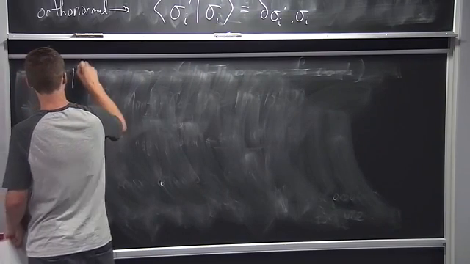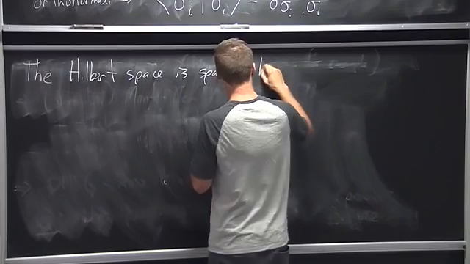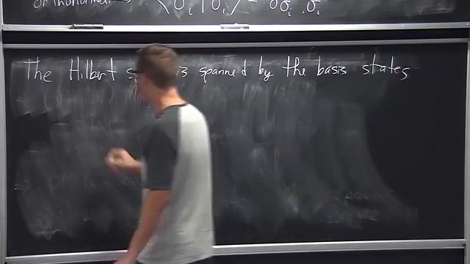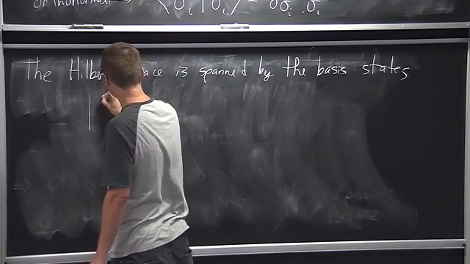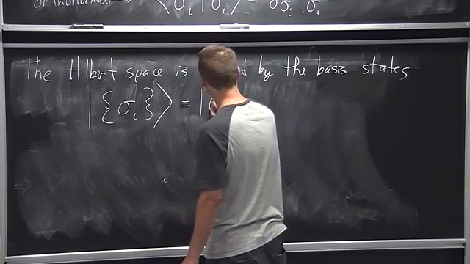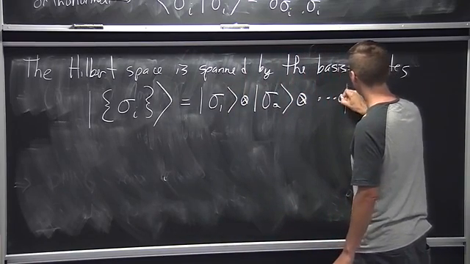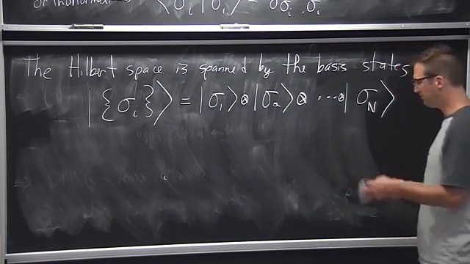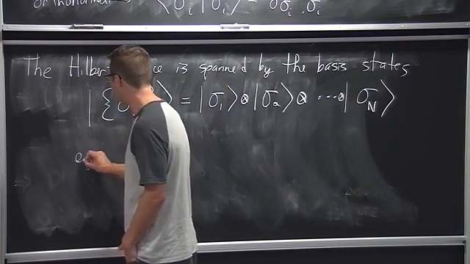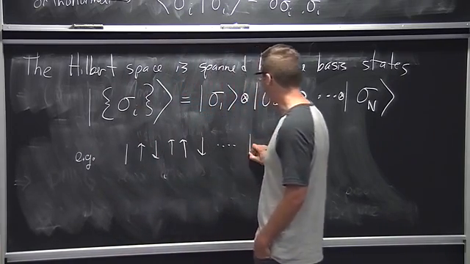So for the transverse field Ising model, this is for a single site i, and I'll use the notation of the set of all sites i, which really just means the tensor product all the way up to sigma big N. As an example, a basis state of n spins could be up, down, up, down, whatever, right?